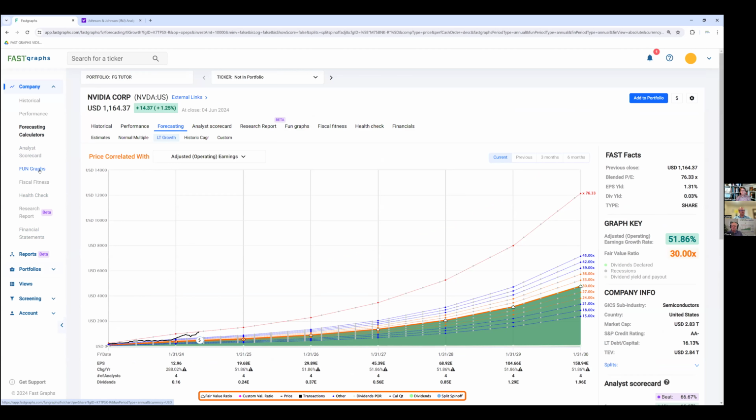You can find price to book, enterprise value to EBITDA, and all types of other ratios, returns on equity, returns on capital, profit margins in the fund graphs and health checks. And then there's also the powerful portfolio feature that we've just recently launched and developed, where you can track how much you're getting in dividend income. But all of that will be for future webinars that we plan on doing.